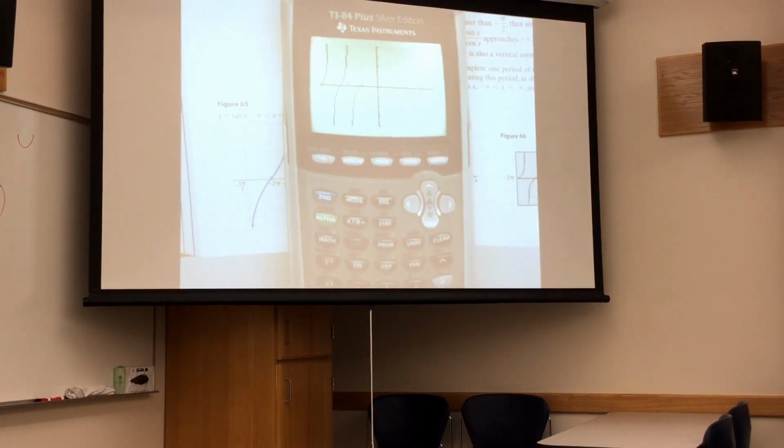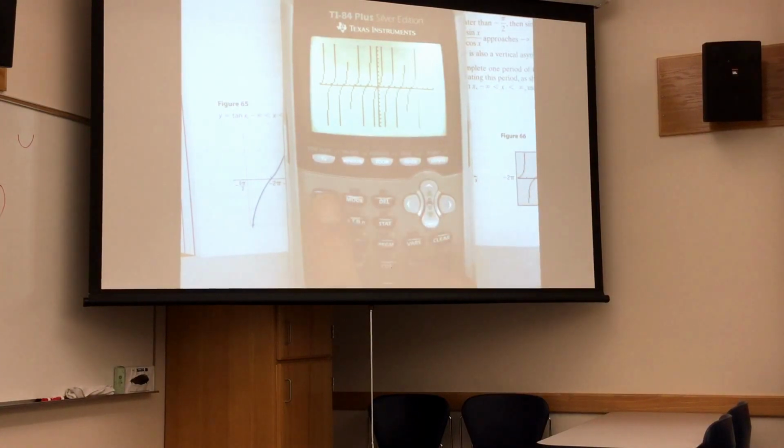And since I chose a trig window, that doesn't work so well because my periods are multiples of 2 instead of multiples of pi. So let me change this to a standard viewing window. So zoom 6, and then maybe that's too much detail, too much of a scale.